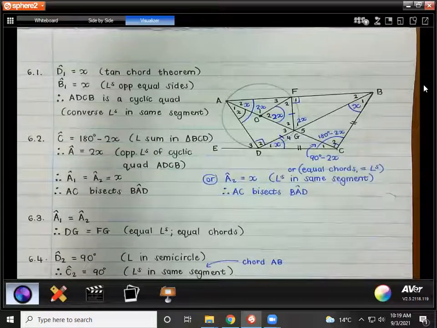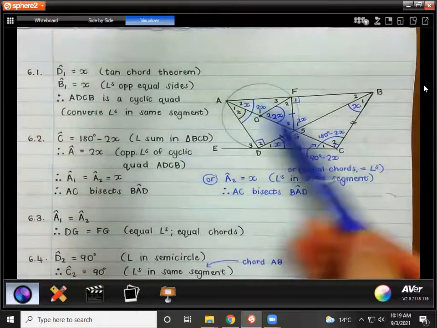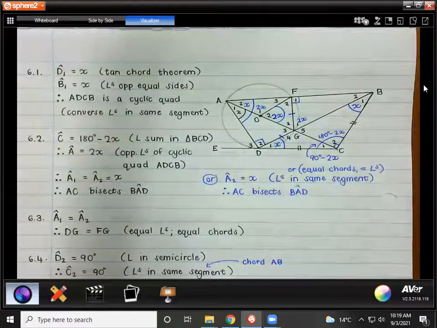Okay, 6.3, they wanted us to prove that DG is equal to FG. There were other ways yesterday. Some people said we can prove that this top triangle is congruent to that triangle using angle, side, angle. That's fine, just a bit longer. It also took me quite a while to notice this, but to do it in one step, we had to use the converse of equal chords, equal angles.